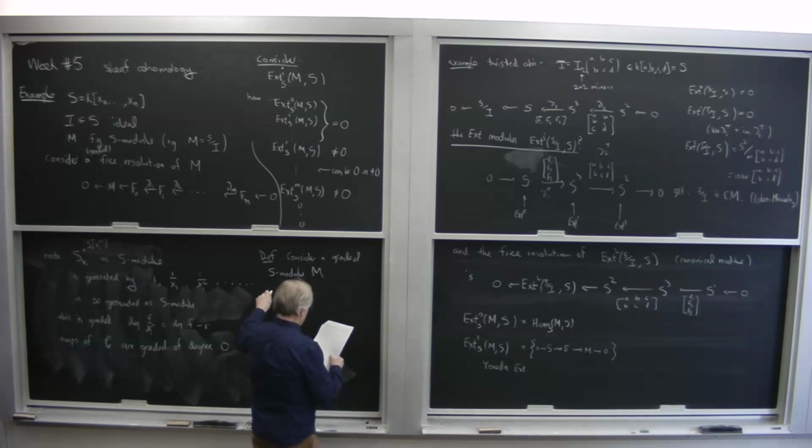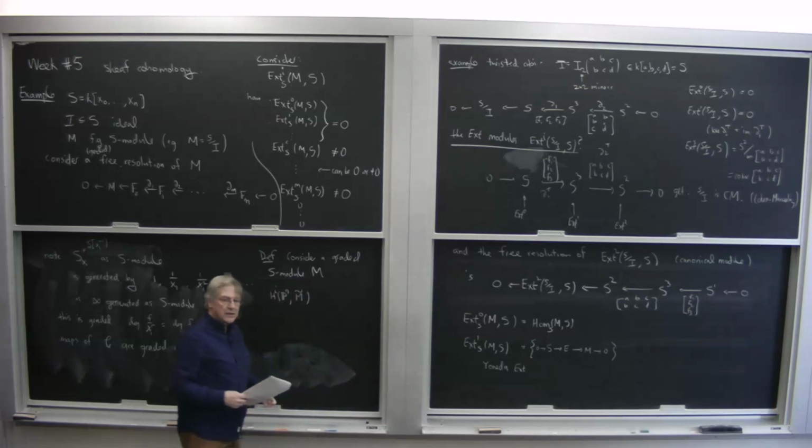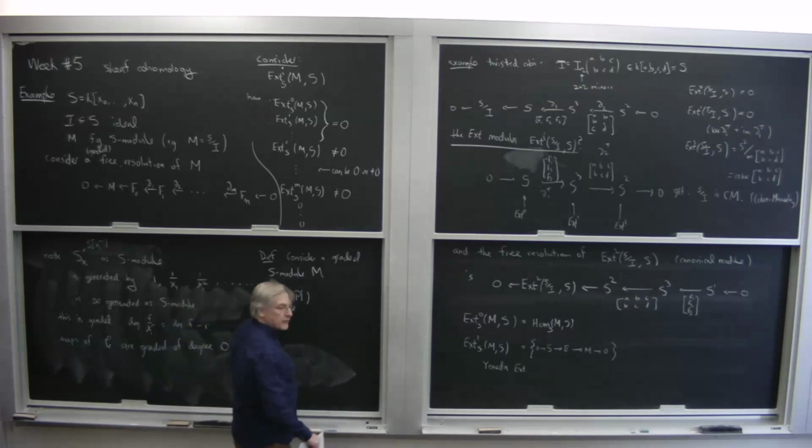I'm going to define H^i. Sometimes it goes by the name H^i(P^n, M tilde), but I typically leave out the P^n because it doesn't really matter a whole lot. So I oftentimes will just use H^i of M tilde.